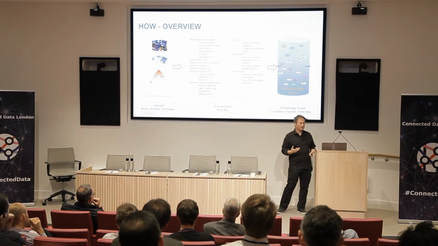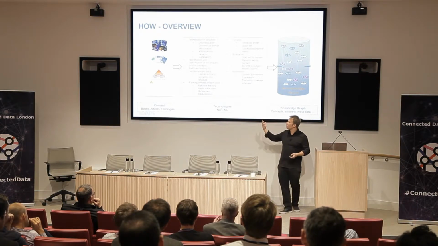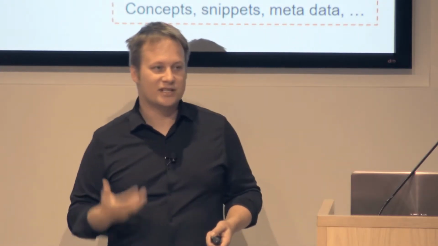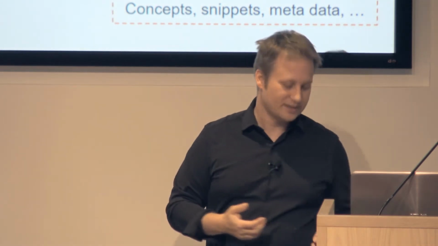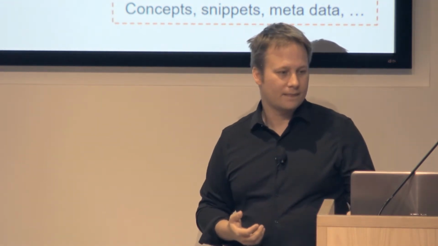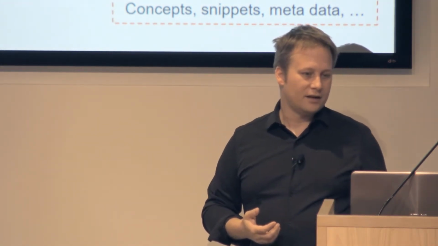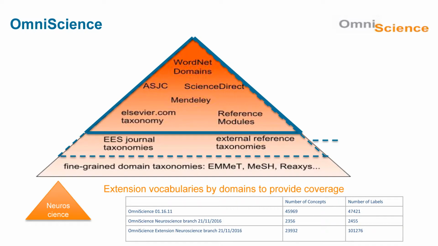Over time, we're using our journal article content and book content to find definitions. This is the backbone to building those pages, and it's called Omniscience. Omniscience is an interesting union of a bunch of different taxonomies. We use public domain taxonomies like WordNet at the very highest level.